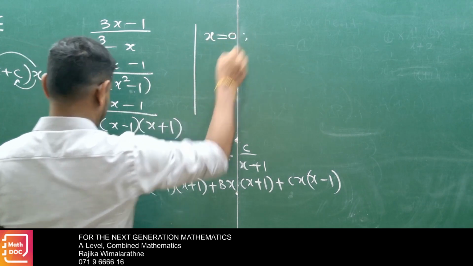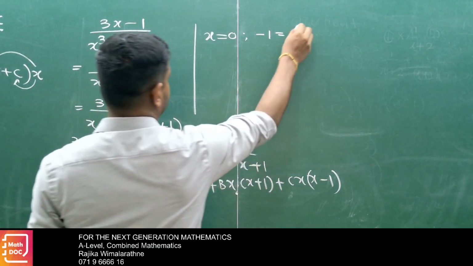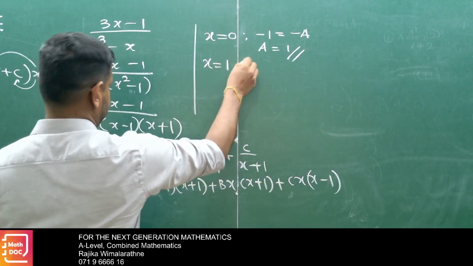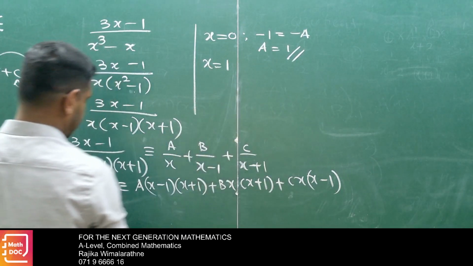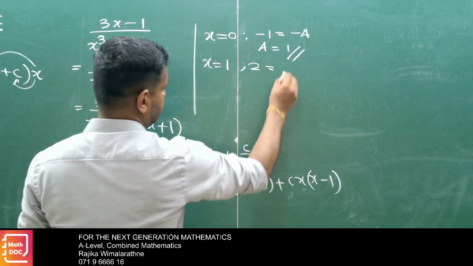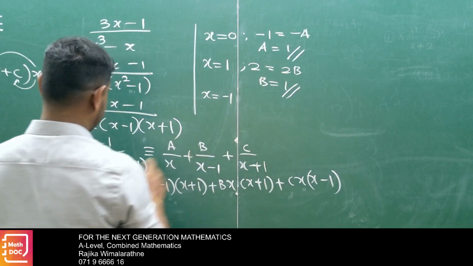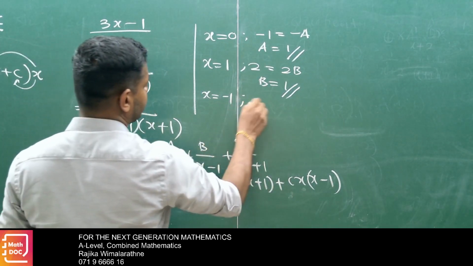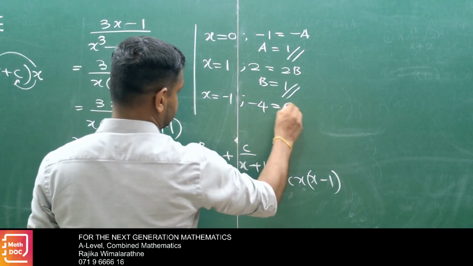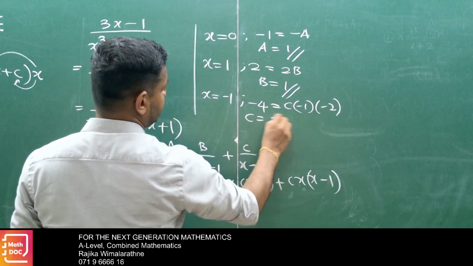X equals 0, minus 1 equals minus a. X equals 1, 3 minus 1, 2, the other terms 0, here 2b, b equals 1. X equals minus 1, minus 3 minus 1, minus 4, here minus 2c, then c value equals 2.